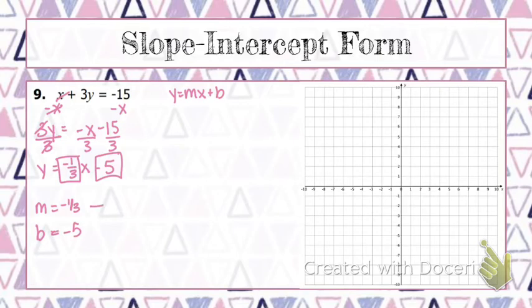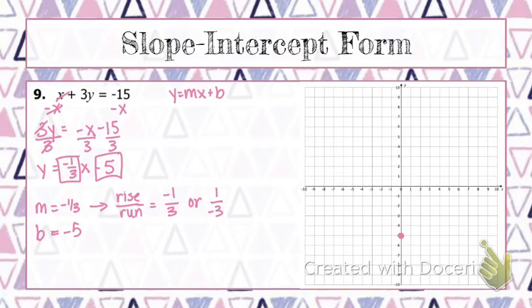So remember, slope is rise over run. And we have negative 1/3. Or we'll see that to go the other way, we'll do 1/negative 3. So let's start our points at negative 5 on the y-axis.